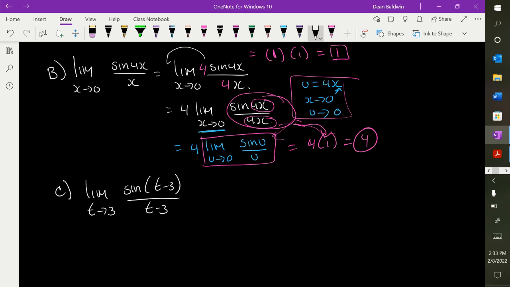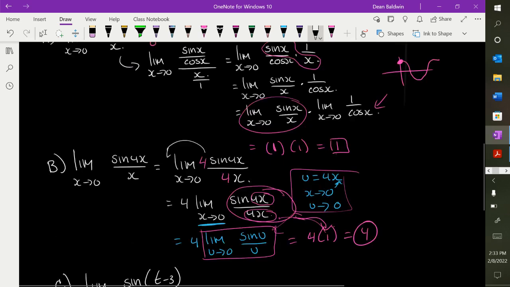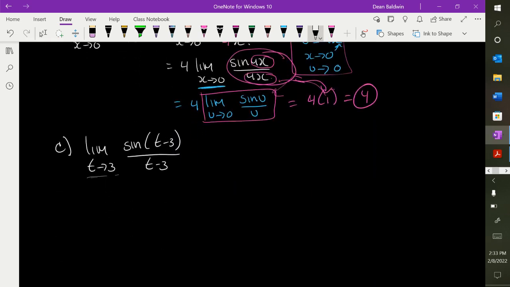But in the special case, our variable was going to 0. What's the variable going to here? It's going to 3. But if I plug in 3, I still get 0 in the denominator. So in this case, you're going to have to show the substitution for sure. Okay? So u is going to equal, I mean, you can choose any variable you want. I'm choosing u.